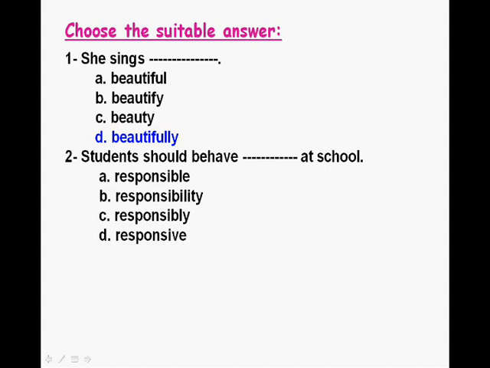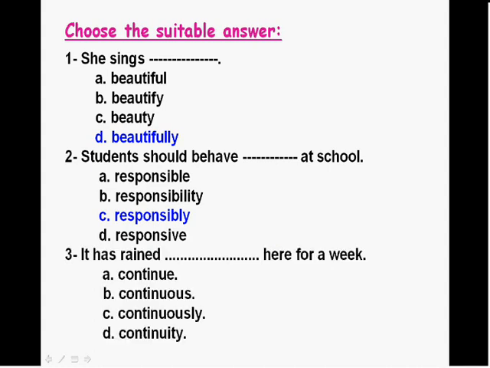So I need to find the word which describes the way the students do the action, the way they should behave. Okay? So students should behave, very good, responsibly. Remember when we said that the clue to know an adverb is its suffix, its ending, ly.